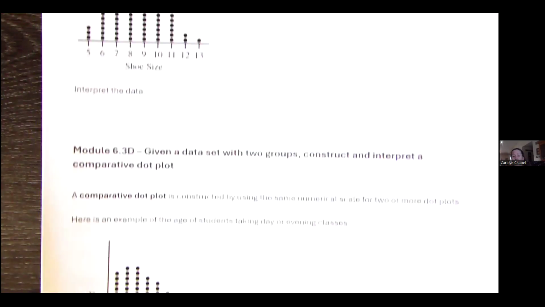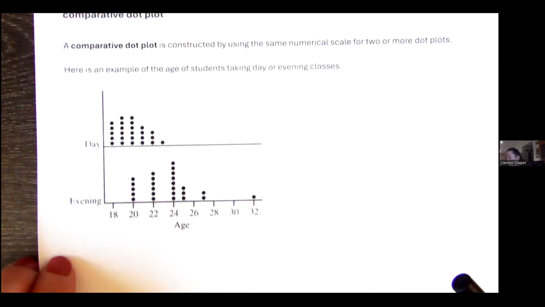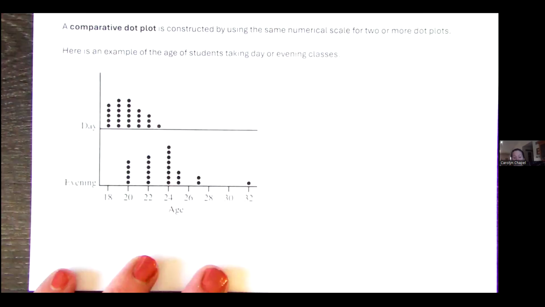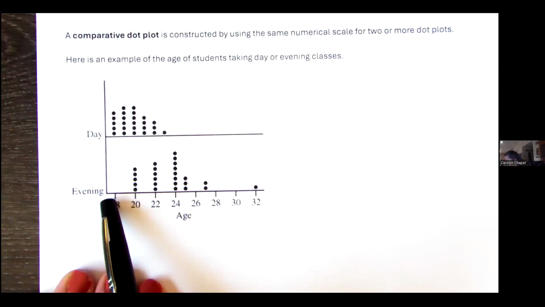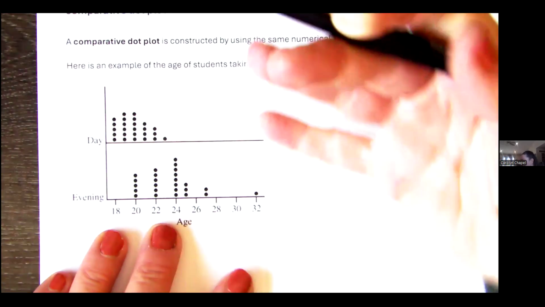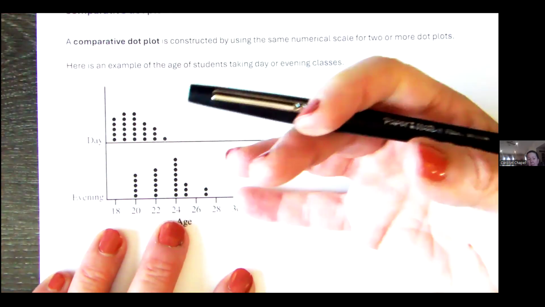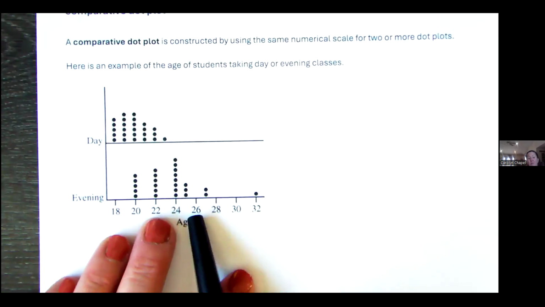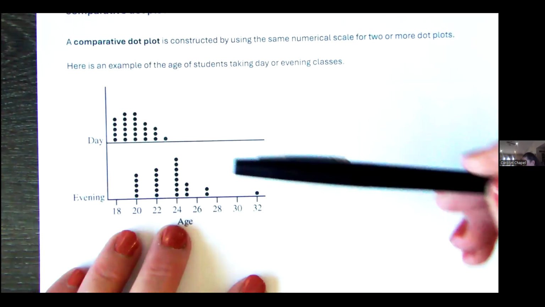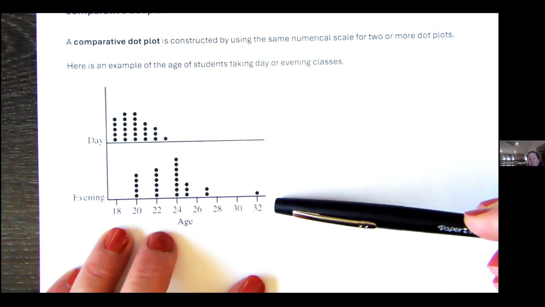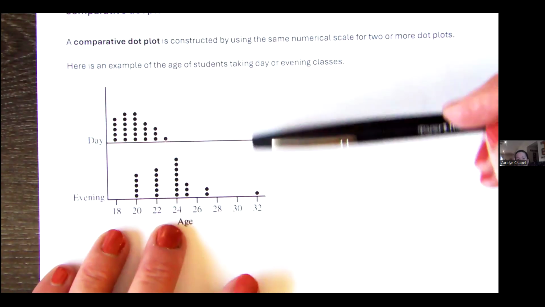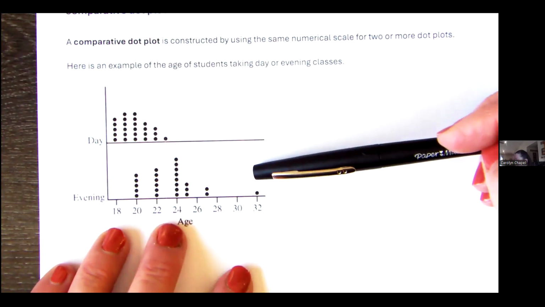In a dot plot, as we will see with some other graphs, we put them vertically on top of each other, but we use the same scale. So if you're trying to compare graphs, a bar graph would even use this type too. We had one bar on top of the other bar. We want to make sure to use the same scale for both pieces so we can compare them from one to the other.